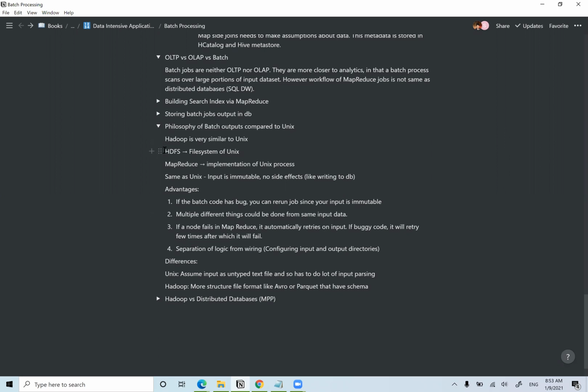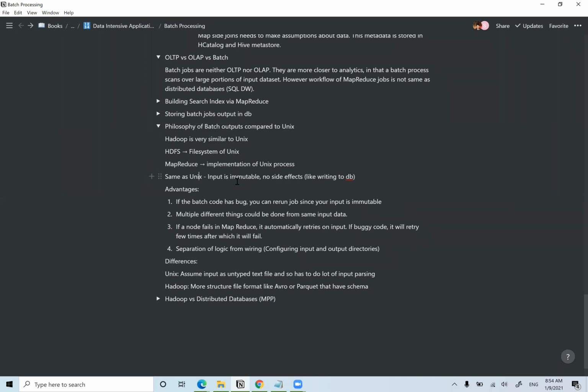So HDFS is that file system, right? And whatever functions and processes you run in Unix, let's say you were running that sort process, your MapReduce is that processing framework, right? So in that way, these philosophies are similar.